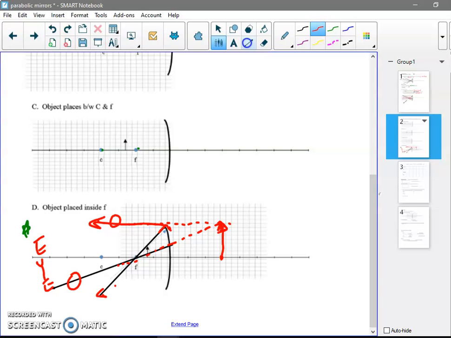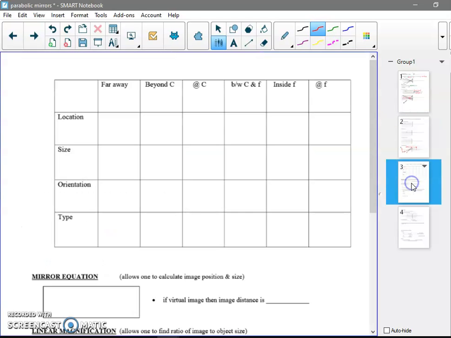So now I can characterize that image 3 ways. I've got to hustle here. I'm going to go to this chart right here. We are inside of F, and I want to look at the location. It is behind the mirror. Secondly, what's its size? I'm going to put big M. It's magnified. What's its orientation? It is upright.